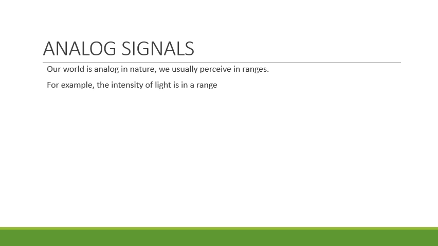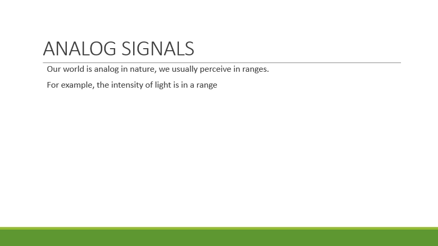Now, what are analog signals? Before we take in what analog signals are, let me quickly make this statement: our world is mostly analog in nature. We usually perceive in ranges. For example, the intensity of light in the room you are in right now is in a range.